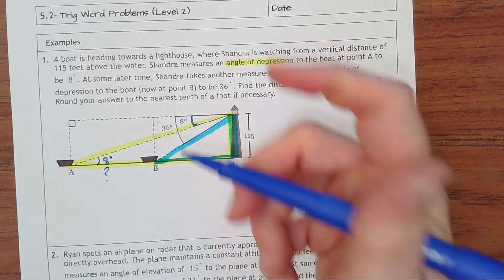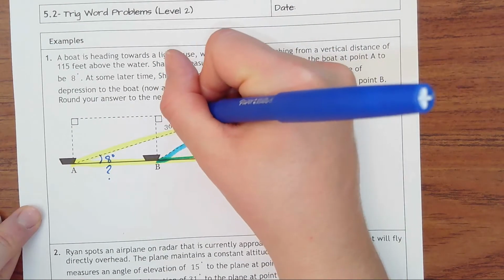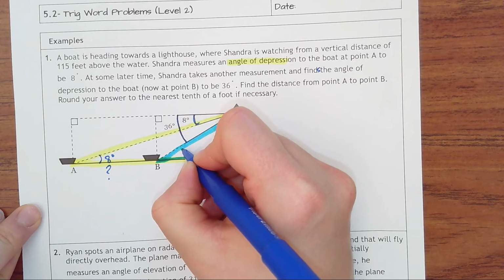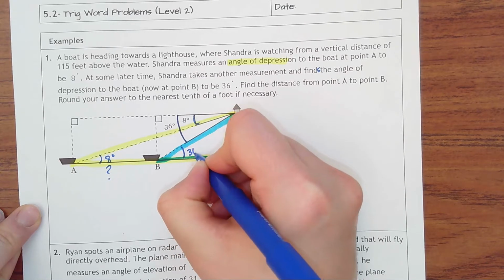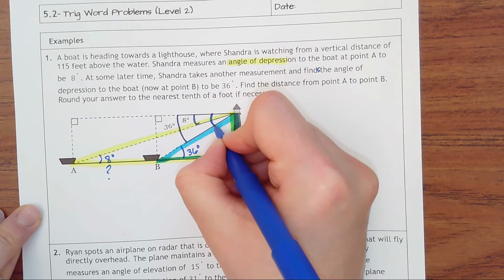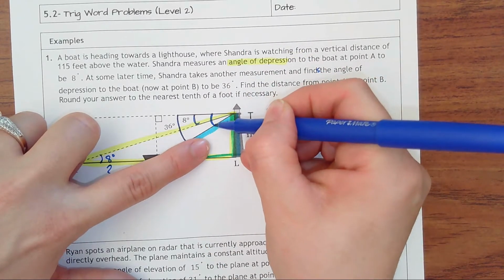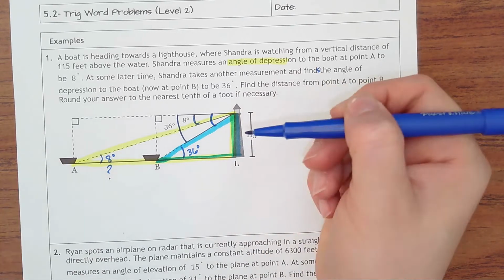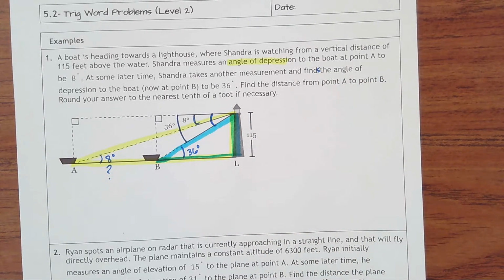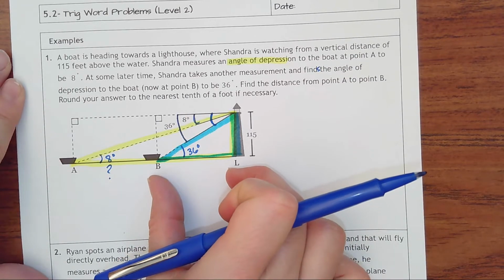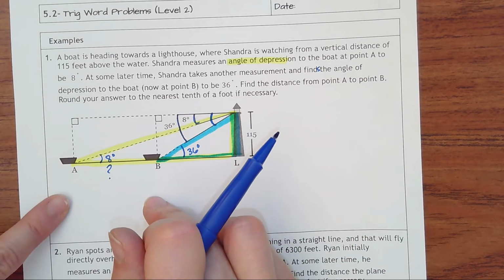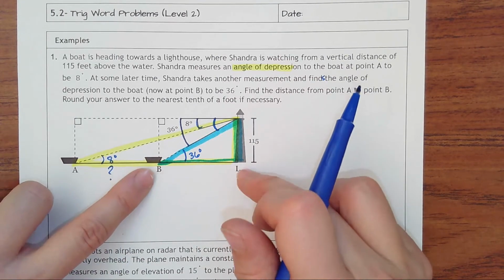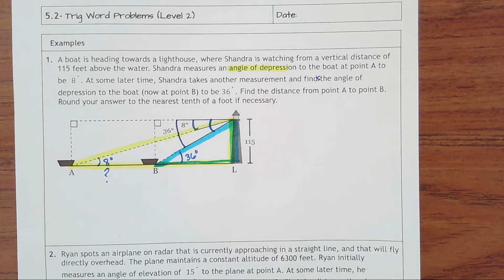And if this from the horizontal to here is 36, that means this is also 36. Looks kind of weird. It'd be better if it was back here. So from horizontal to here is 36. This horizontal to this same transversal is 36. So what I'm going to have to do is subtract away this leg to leave me with AB. Okay, so I'm finding this whole leg from A to L, subtracting B to L to leave me with A to B. Hopefully that makes sense.